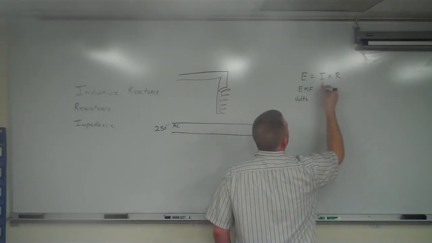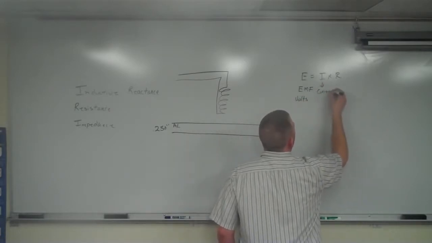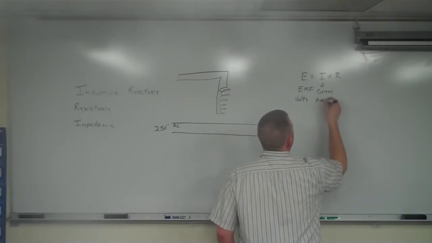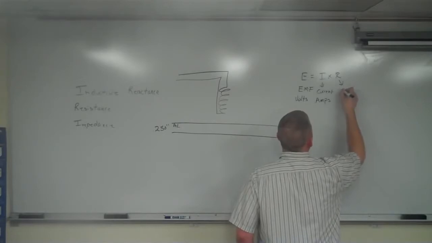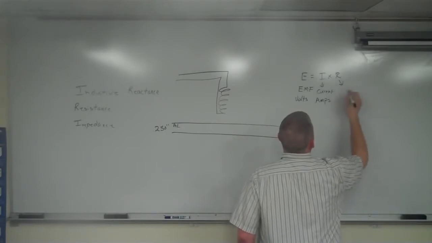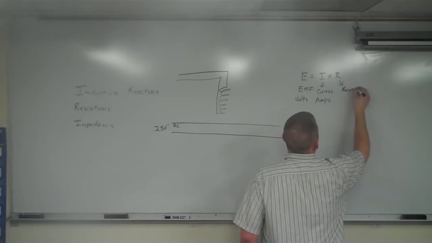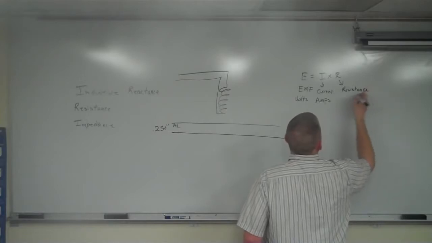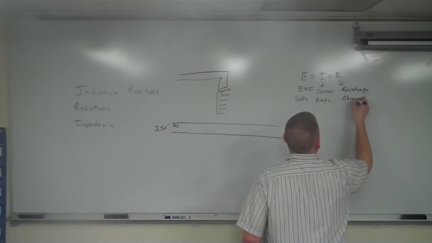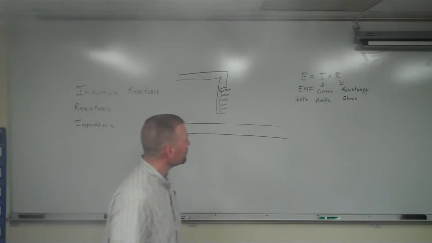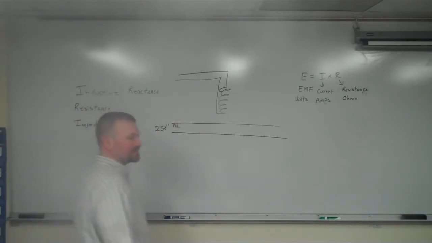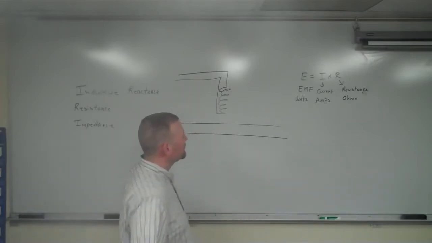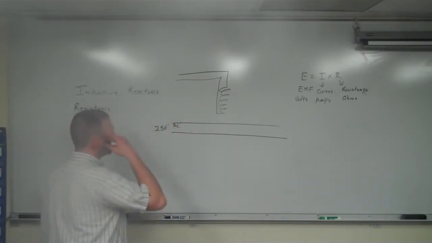I is current flow, a measure of the amount of electrons that are moving, measured in amps. Resistance is the slowing or stopping of those electrons from moving, and that is measured in ohms. So quite simply, E is electromotive force that's going to push, current is the electrons that are actually going to move, and resistance in ohms is what we're looking at here.